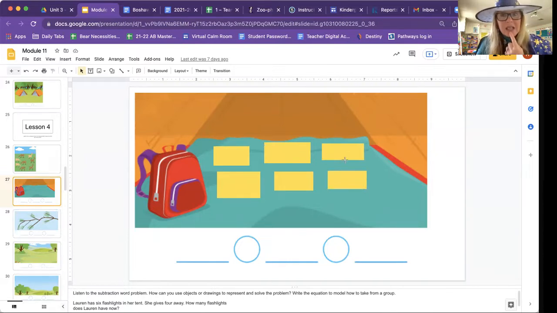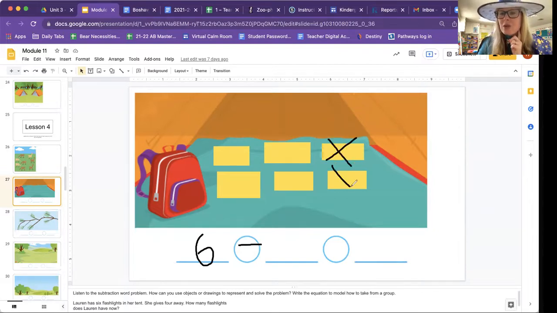6 flashlights, right? And she gave 4 away. So how many do I have to start with? 1, 2, 3, 4, 5, 6. So my first number, 6. And remember, it's a subtraction, so we have to take away. How many does she give away? 4.